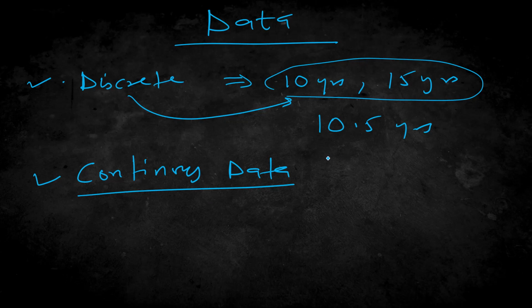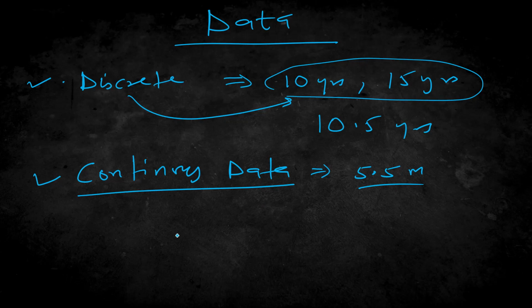So we can talk about the height of students, for example 5.5 meters. Continuous data is the opposite of discrete. This one can have values of decimals or fractions. So you can talk about the height of students in class, the annual rainfall, and what have you.